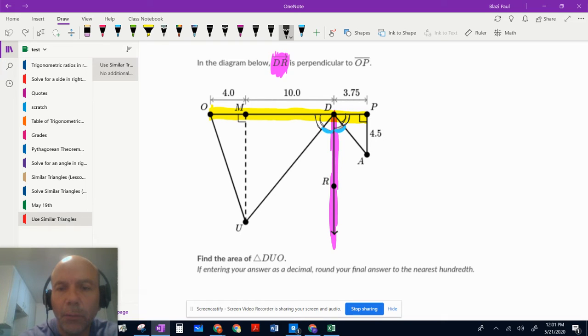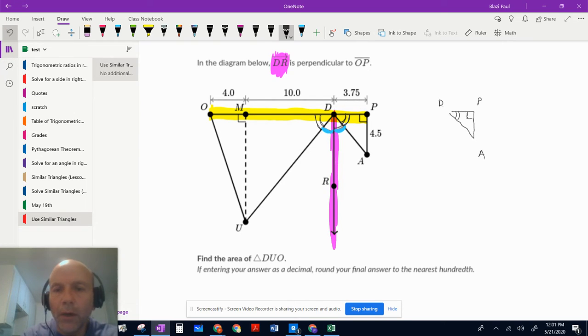Let's just draw DP. I'm going to draw triangle DPA over here. Okay, DPA. This triangle, or that angle, has the two marks on it, right?